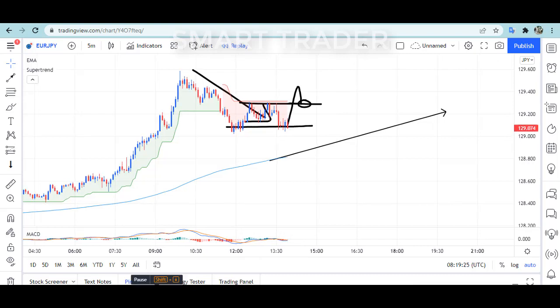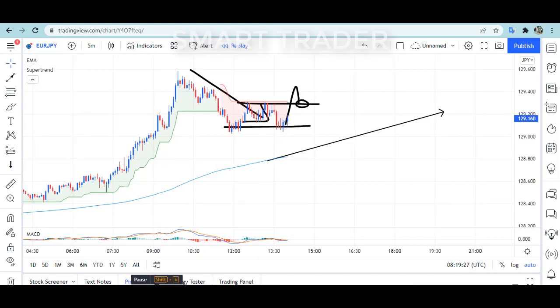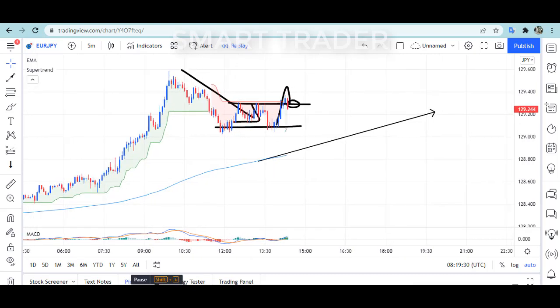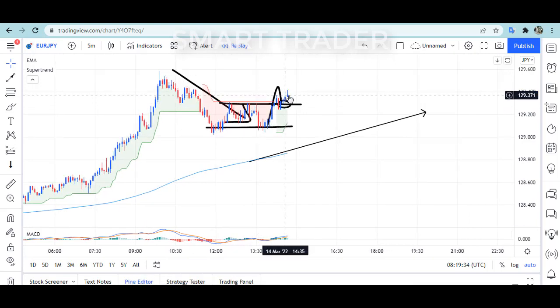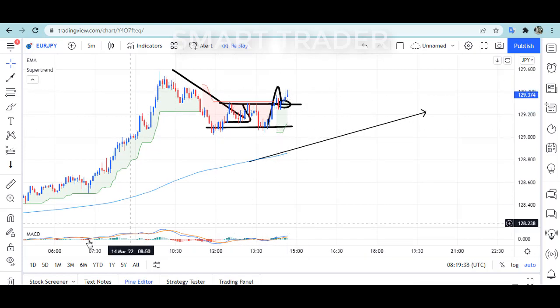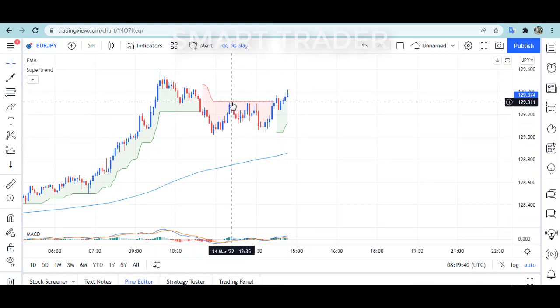Now watch the market bring the candles. As you can see, the market breaks out of the trading range.